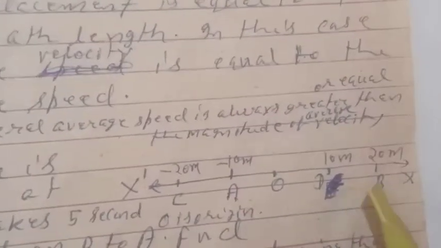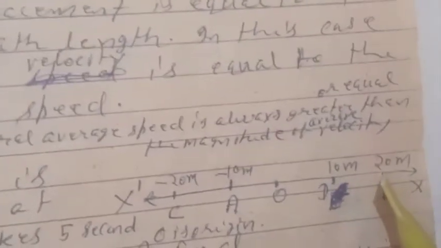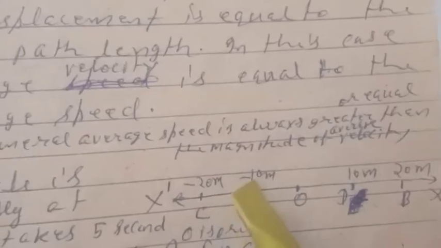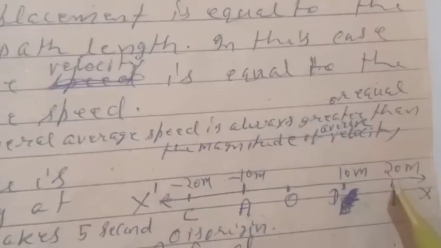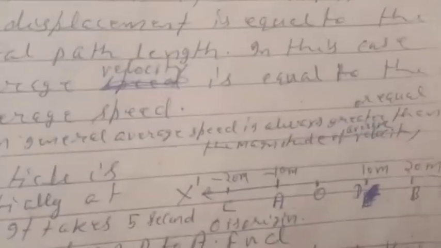So our body moves from B to A in 5 seconds. We have written the final position as minus 10 meter and the initial position as 20 meter. So x2 is minus 10 meter and x1 is 20 meter. We put in the values to find the displacement, and the displacement comes out to be minus 30 meter.